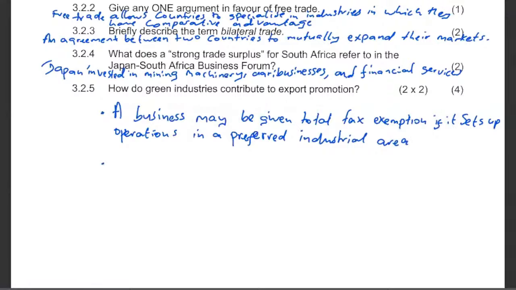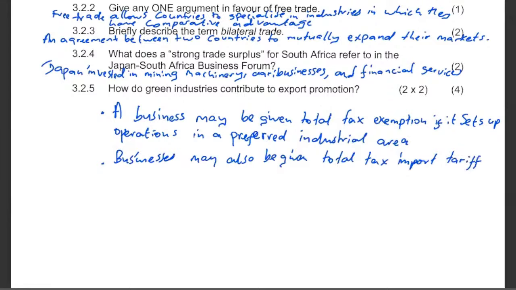Then also saying that businesses may also be given import tariffs or rebates in taxes on profits.